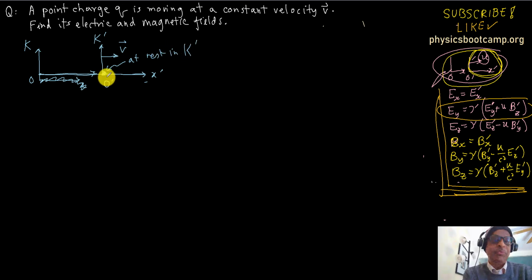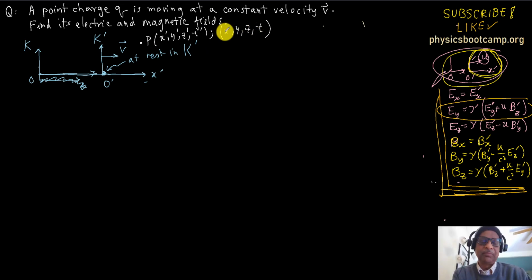So it's very easy to know: at some point P, P will have coordinates x prime, y prime, z prime, t prime, and in terms of this, its coordinates will be x, y, z, and t. Okay, so we already know the transformation between these, right?